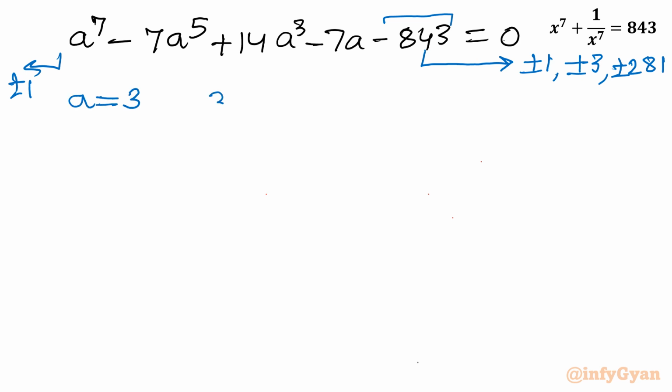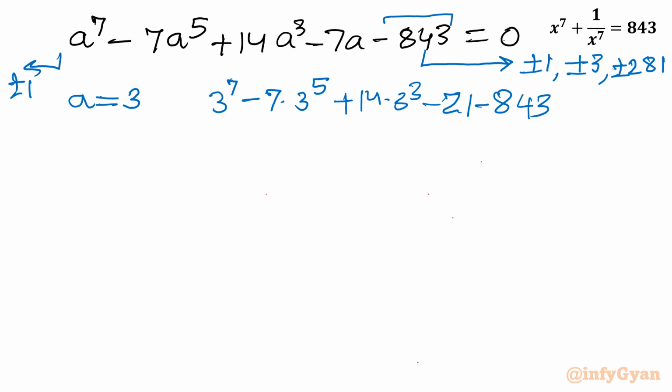So this equation will become 3 power 7 minus 7 times 3 power 5 plus 14 times 3 cube minus 7 times 3, so 21, minus 843. Let us write this value, 2187. Then it is minus 1701. Then it is 378.